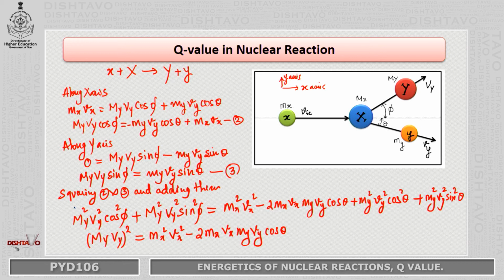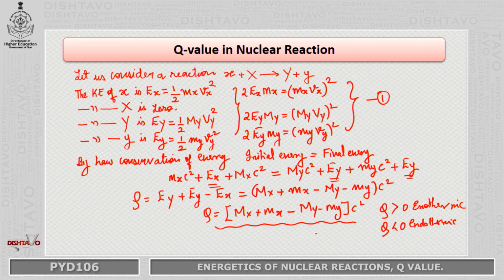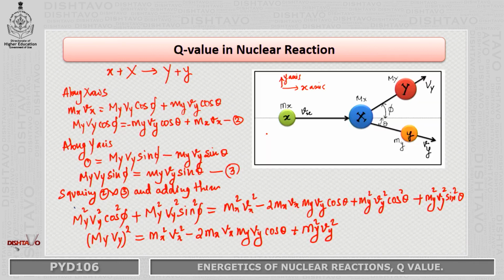Again it will become cos square theta plus sin square theta, which will become 1, and what we will get is my square Vy square. Now in this equation we will use our equation 1, where mx Vx square is 2 times Ex mx, and this square is equal to this.